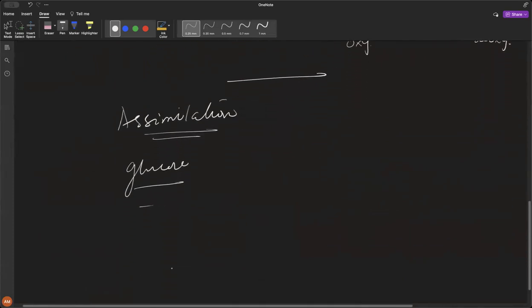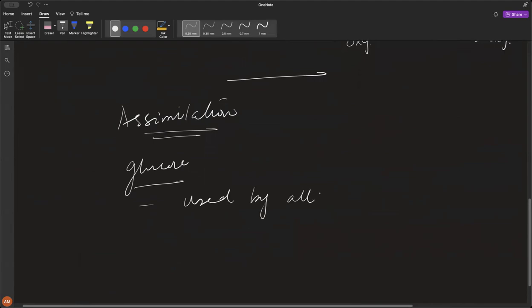Number one, used by all cells as a source of energy. So it is assimilated. What does assimilation actually mean? Being taken up by the cell to be used by the cell to perform its activities, whether it is making a molecule or using it as a source of energy, whatever it is.